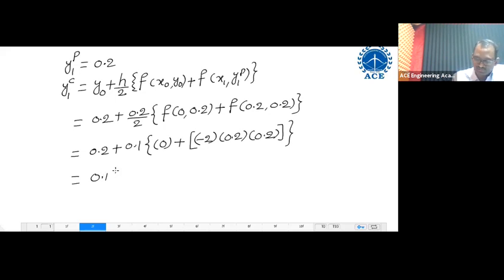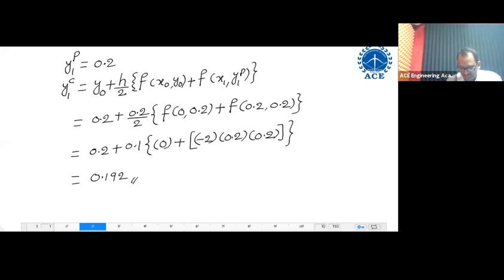When do we stop the procedure? Listen to me. The difference between one approximation and its previous approximation is less than or equal to 0.05, we need to stop the procedure. What is the difference between 0.2 and 0.192?